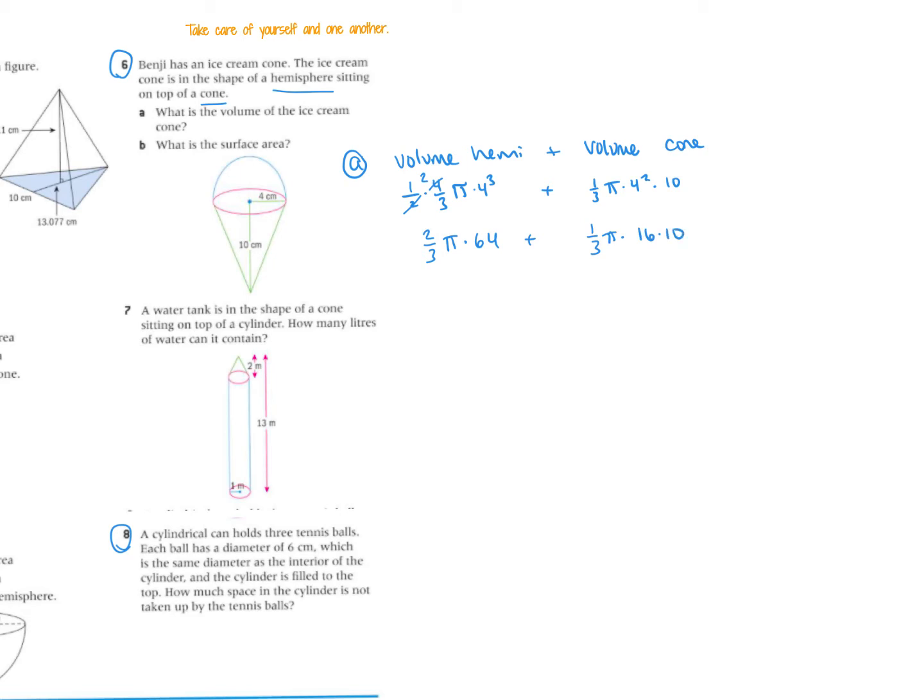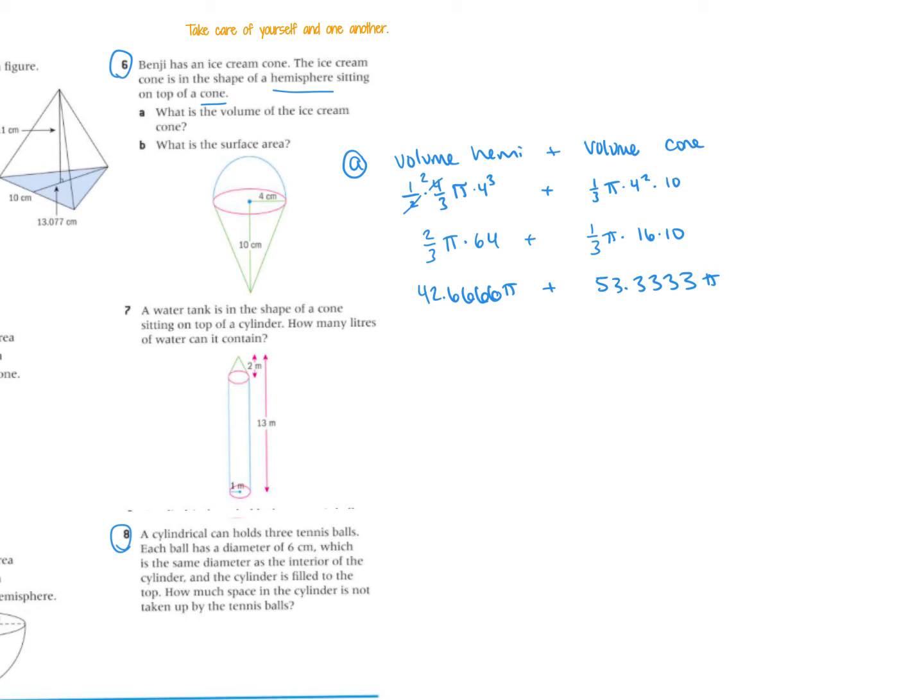Let's do 64 times 2/3, which is 42.666666 pi, plus 1/3 times 16 times 10, which is 53 and a third pi.